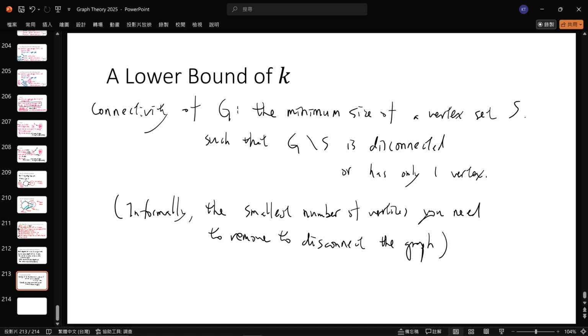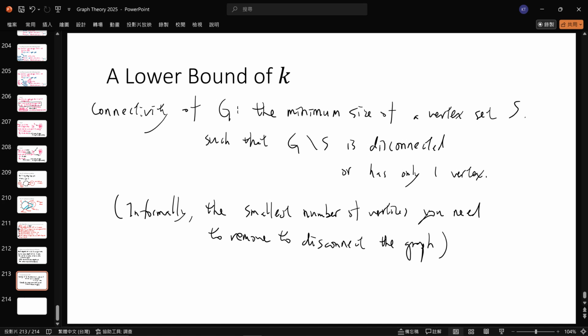Intuitively, if the connectivity is high, this means this graph is strong, because it is not easy to break the graph; you need to remove lots of vertices to disconnect the graph. On the other hand, if the connectivity is low, this means the graph is relatively weak, because you only need to remove a few vertices to disconnect the graph.